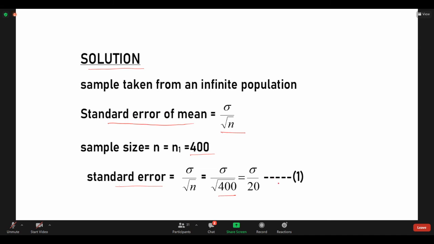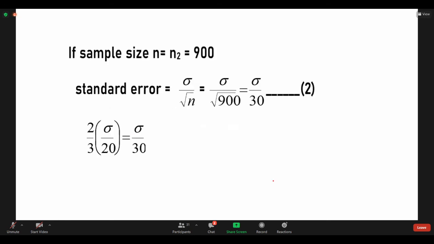We assume that as equation 1. Similarly, substitute the second sample size: if the sample size is 900, then the standard error is sigma by root 900, that is sigma by 30. Assume that as equation 2.